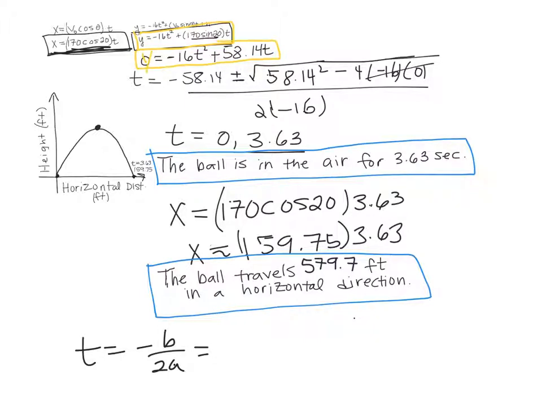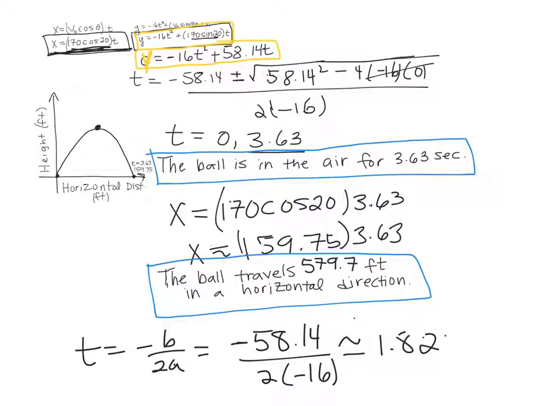And that was our general formula for the y. Okay, so the b in this case, the opposite of b, is negative 58.14, and that's all over 2 times a, which is negative 16. And so the time that it reaches its maximum height is approximately 1.82 seconds.